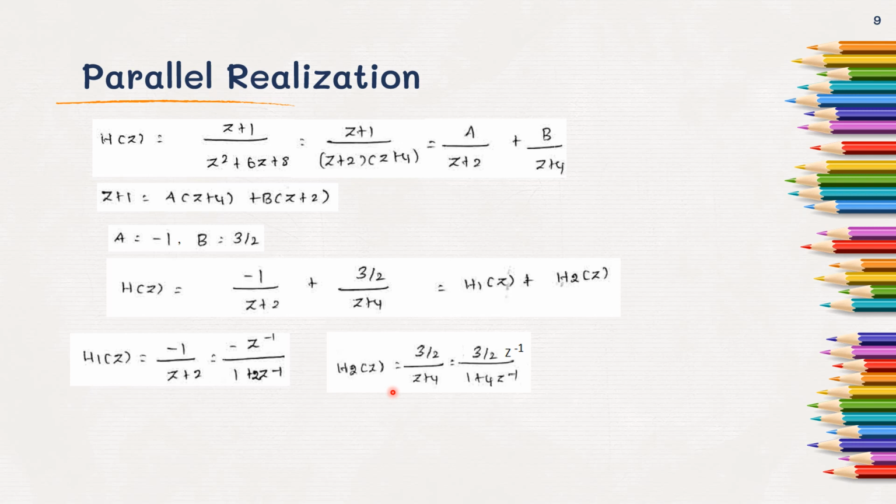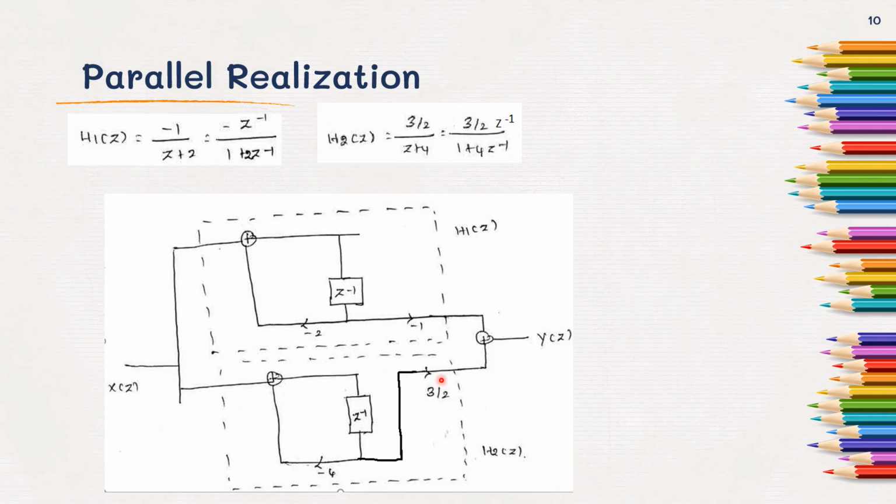Now I go on to the implementation of H1 of z and H2 of z using direct form 2. See here, look into the equations. H1 of z is minus 1 by z plus 2, right? In terms of delay elements, it is minus z inverse by 1 plus 2 z inverse. What I told you, in direct form 2, only one delay element is required.